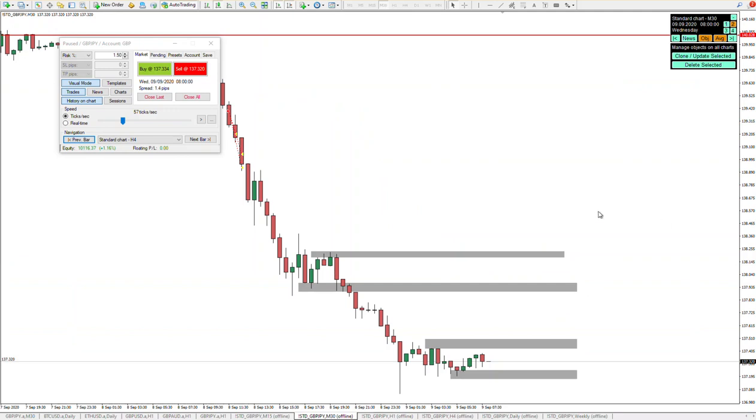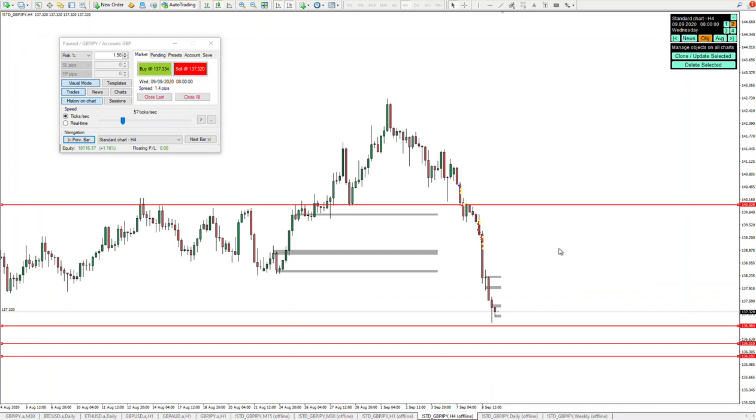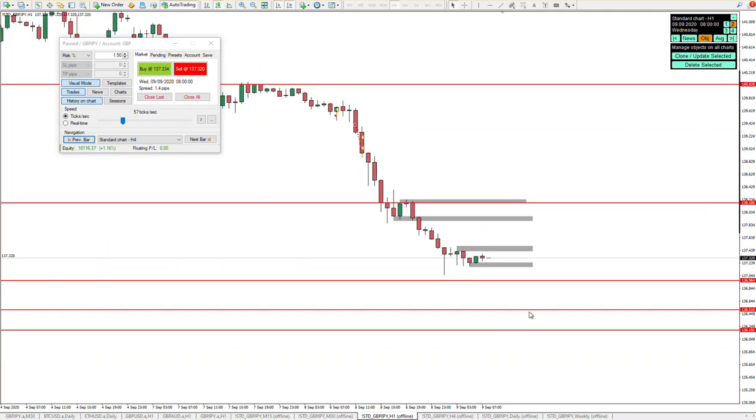Beautiful. I wonder if I am missing some recording. Sorry for that. These are the zones on H4. I missed this. Let me clone it. Oh, beautiful.